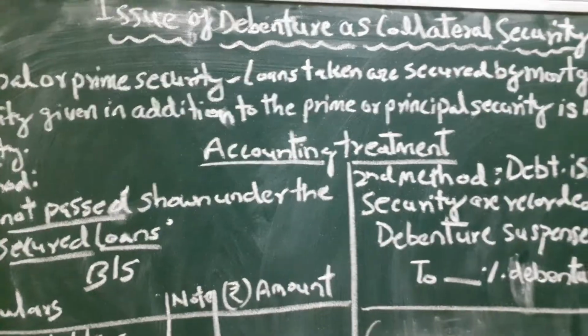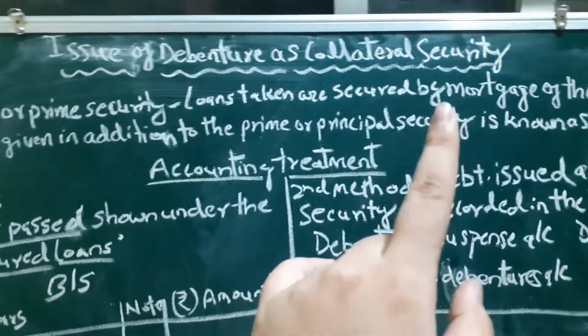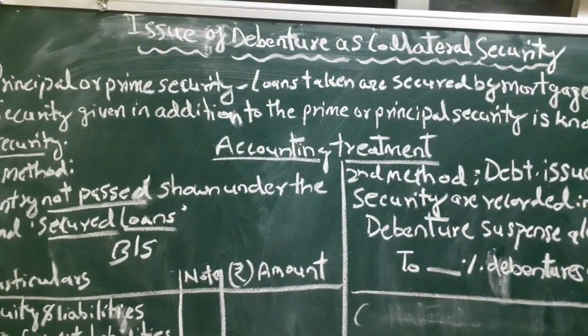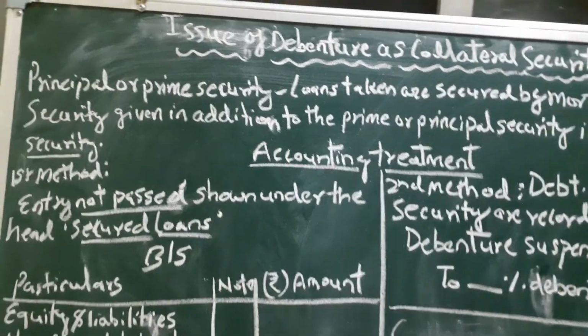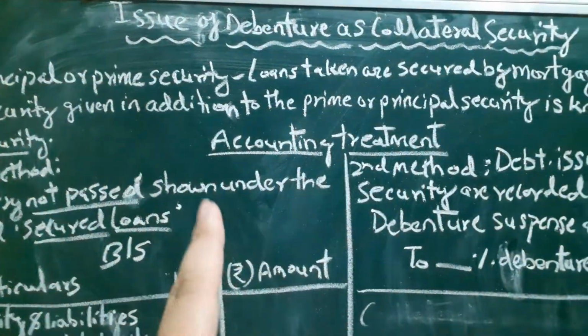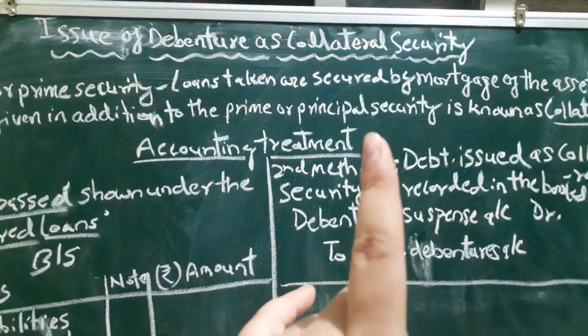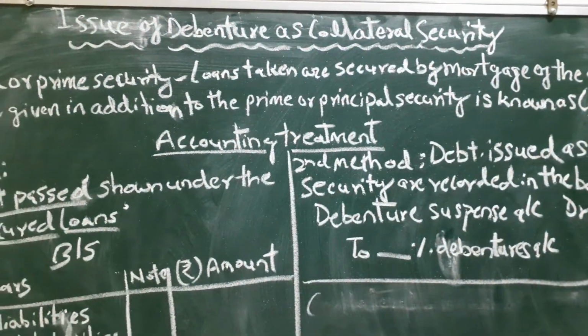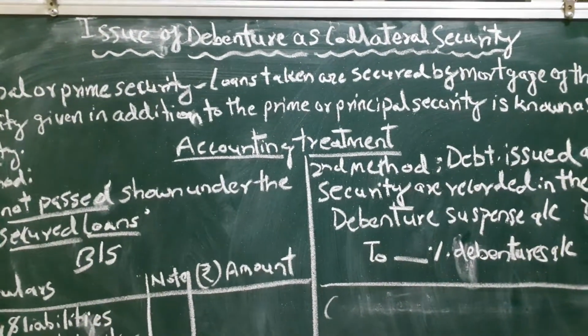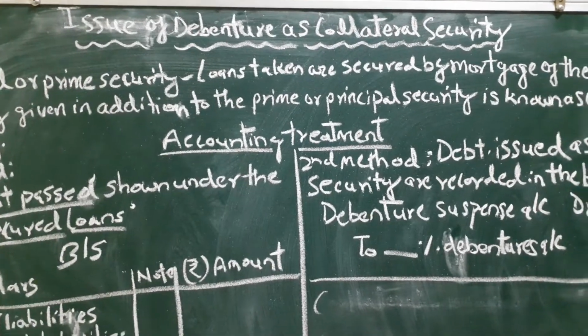Usually this security, as you can see, collateral security, is of two types as per the topic: principal or prime security, and another one is your collateral security. Okay, so collateral is like an insurance policy, you can say.